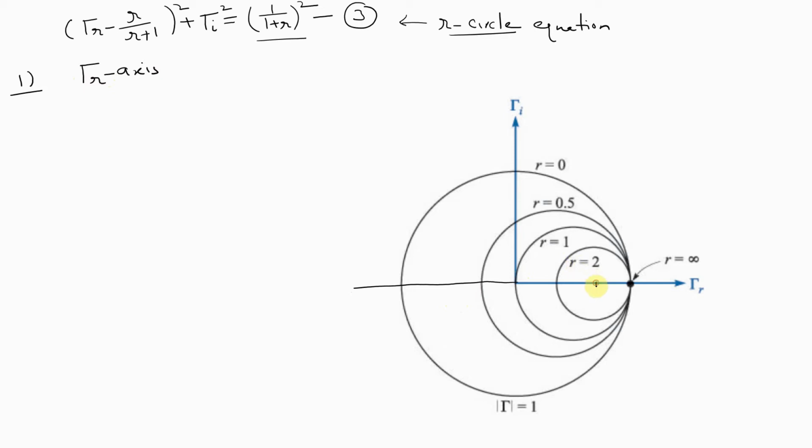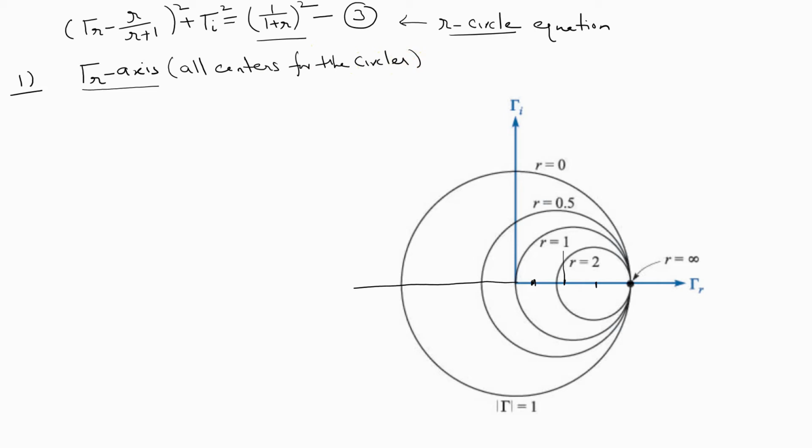This is the center of this circle, and the center of this circle will be approximately here. So all the centers for the circles lie on the gamma R axis.